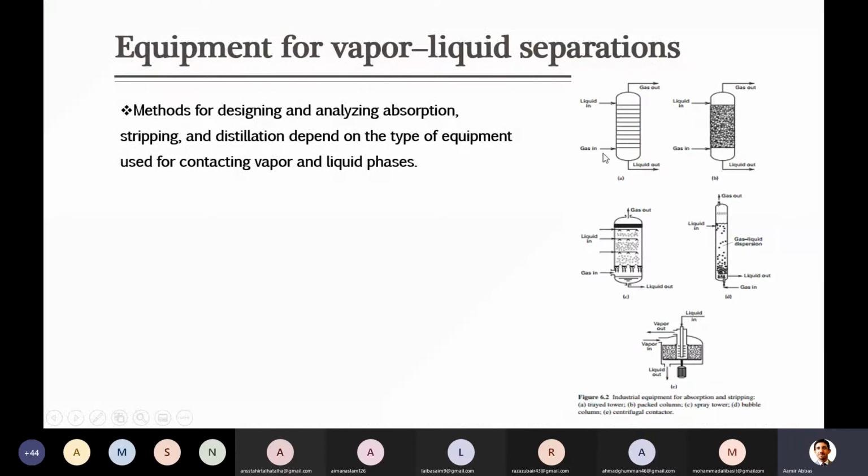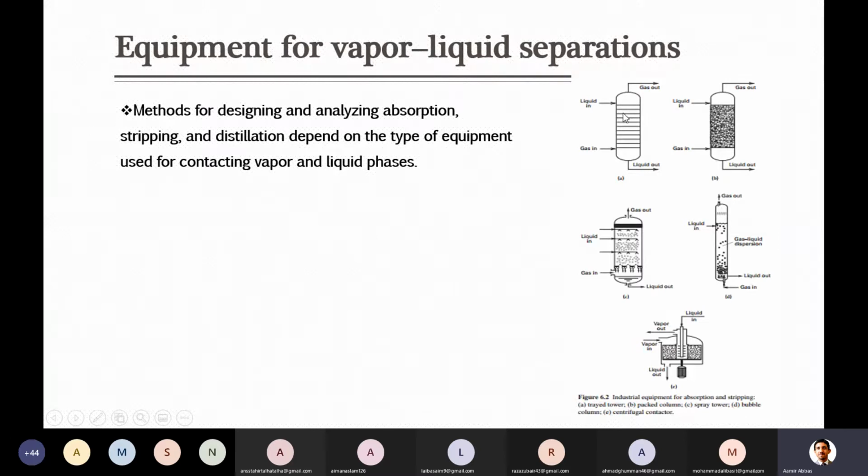When there are trays inside a column, we mark them as simple horizontal lines. Gas enters from the bottom of the equipment and leaves from the top, and liquid enters from the top and leaves from the bottom. The contact between liquid and vapor occurs on the surface of these plates.